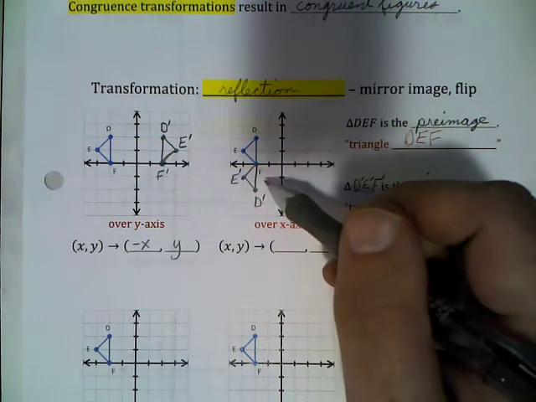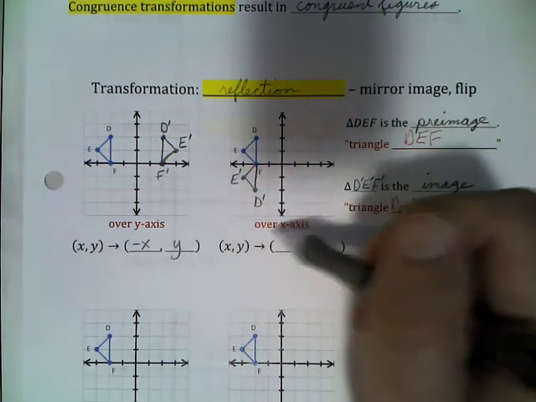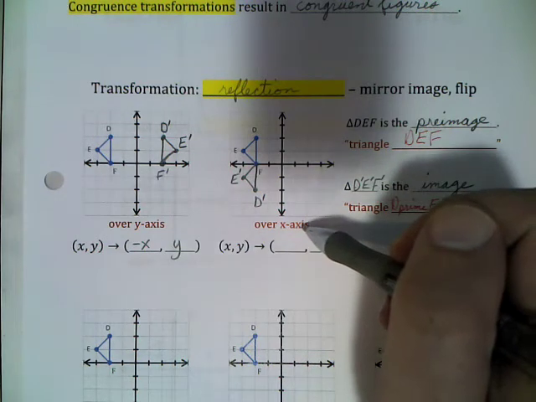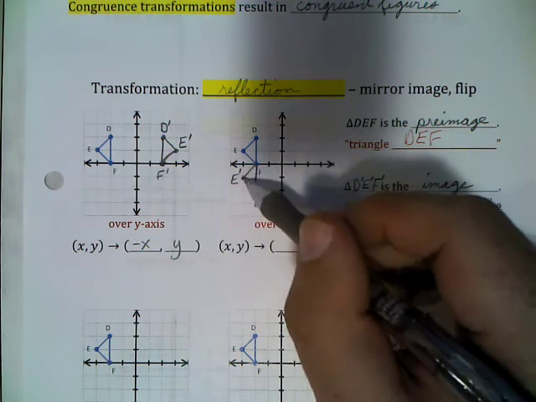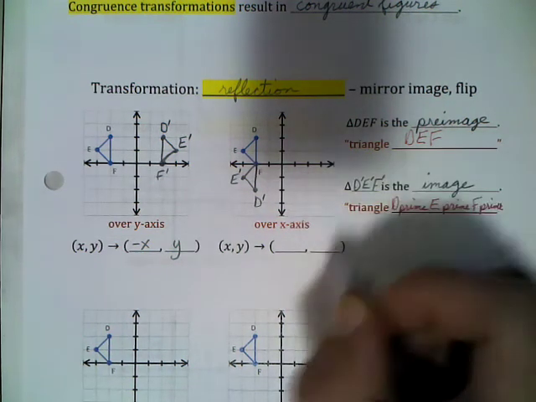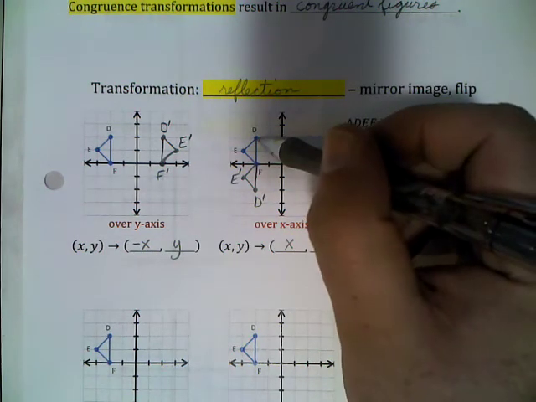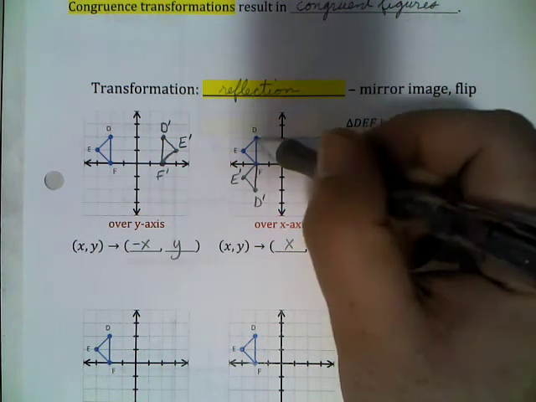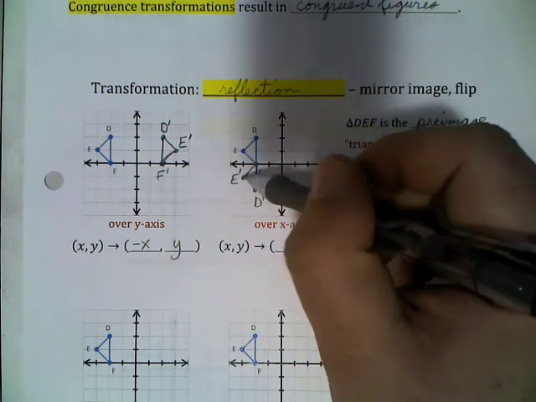Likewise over here, it turns out to be the same kind of idea, just switched around, because we're going over the x-axis. Since we're going over the x-axis, the x value is the same, since it's touching. So the x value will stay the same, but now my y value goes from a +2 to a -2, and from a +1 to a -1.